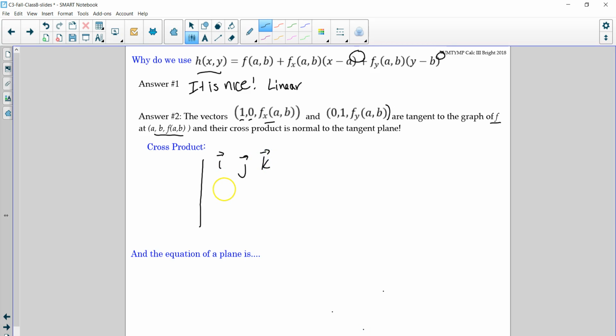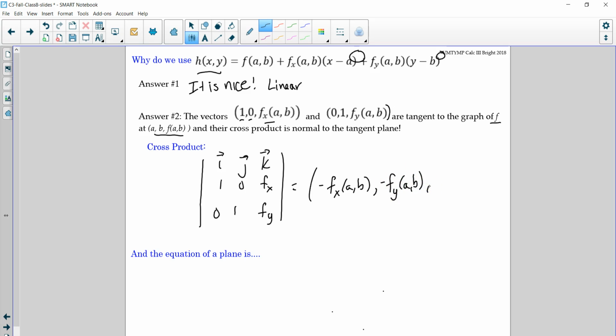And let's see, so I get 1, 0, f sub x, 0, 1, f sub y. Okay, and then we get to do the cross product, which I will leave it to you to show, but I believe you get minus f sub x, and then this would be at the point (a, b). And then similarly you would get negative f sub y at (a, b).